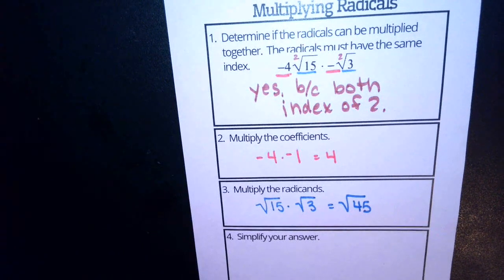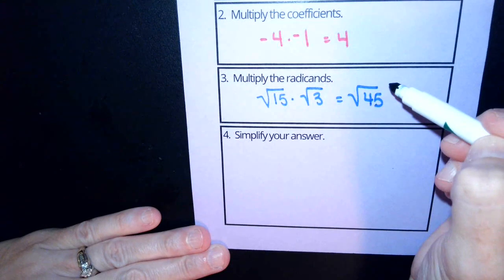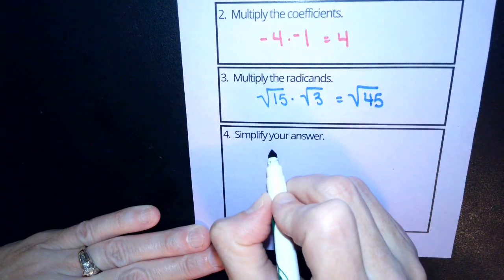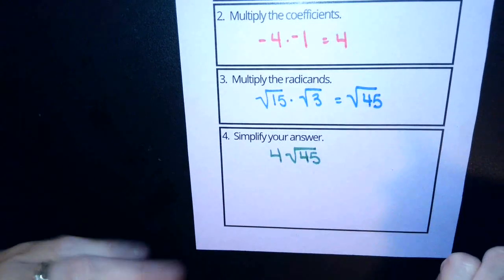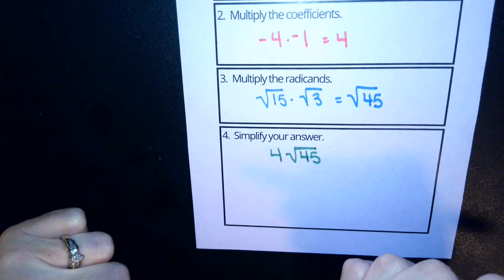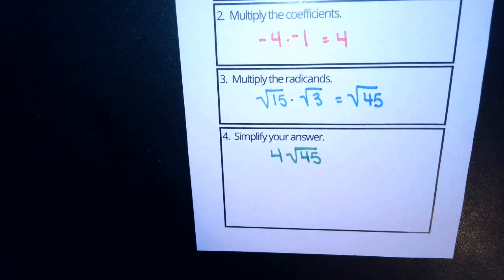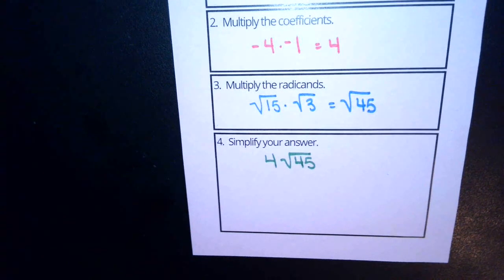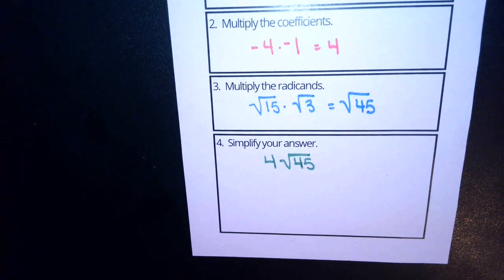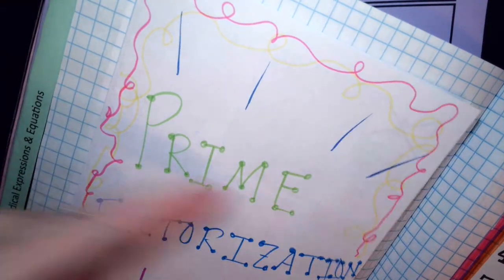Now, last but not least, it tells us to simplify the answer. Okay, so I'm going to put this together. So we have 4 times root 45. Now, root 45 is not in its simplest form. I'm going to look at my prime factorization reference sheet and find out what my 45 is.